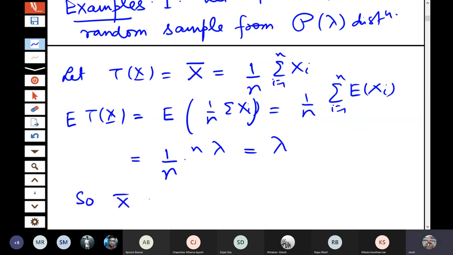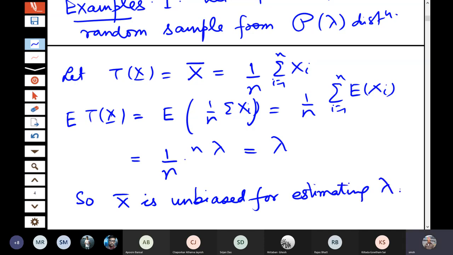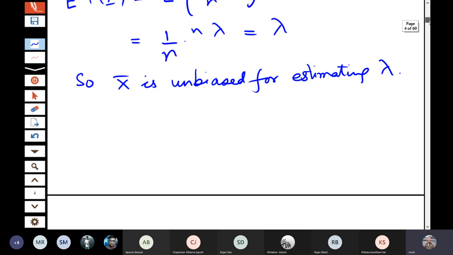So X bar is unbiased for estimating lambda. Now let us check whether it is a general type of thing that sample mean will be unbiased for population mean. The answer is actually yes, provided the population mean exists.